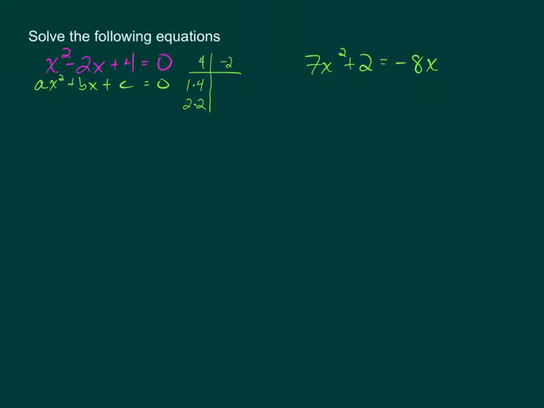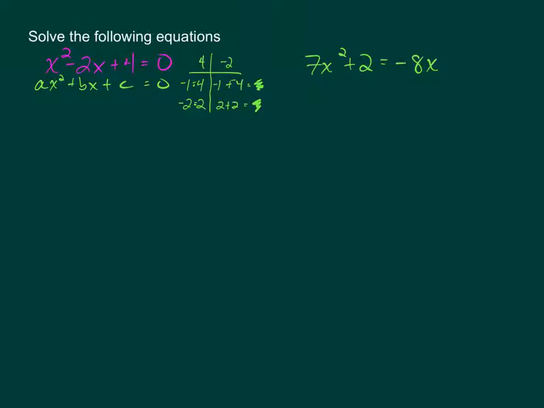All right, so both pairs are positive, so 1 plus 4 is positive 5. That's not going to work. 2 plus 2 is 4. That's not going to work. We're trying to get negative 2 when we add them. Let's try negative numbers, like negative 1, negative 4, negative 2, negative 2.